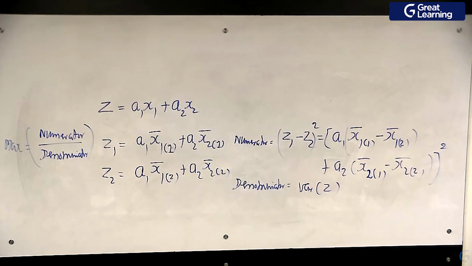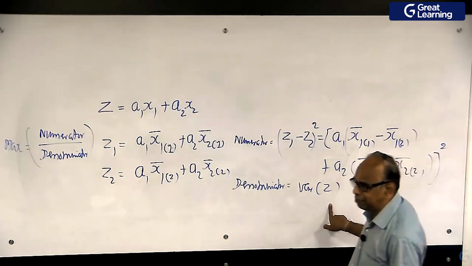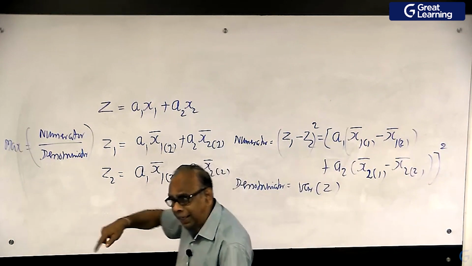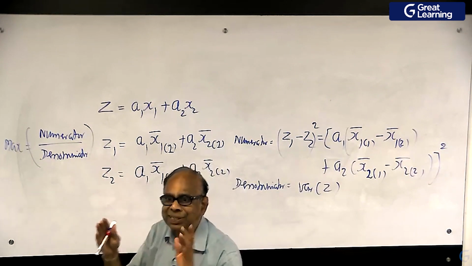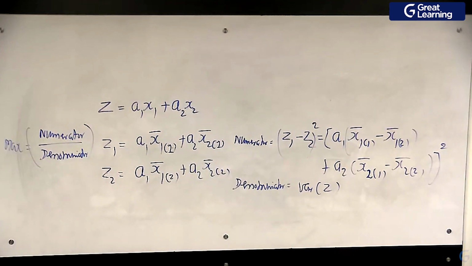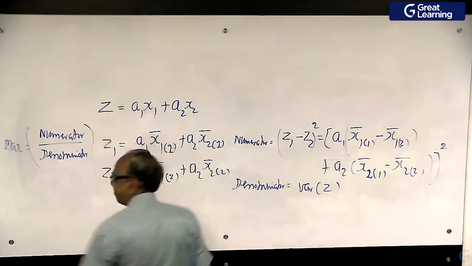Now, why he is doing that is, if the denominator is minimum, numerator by denominator has to be maximized. That means I will set the denominator equal to 1 so that I am maximizing this expression. Maximize this expression subject to the constraint that the denominator is equal to 1.